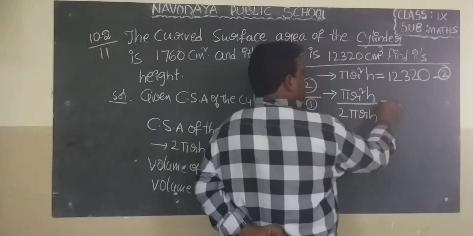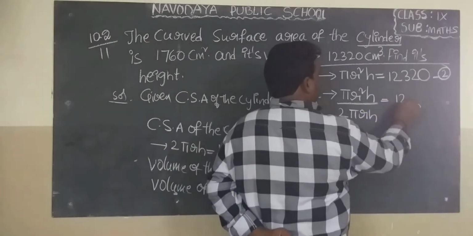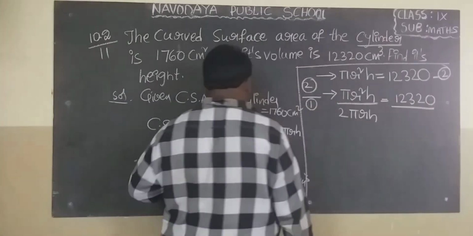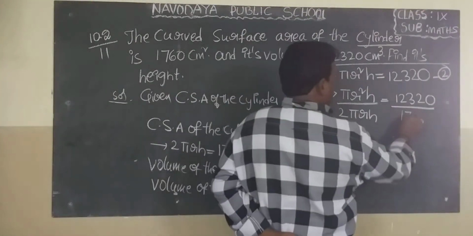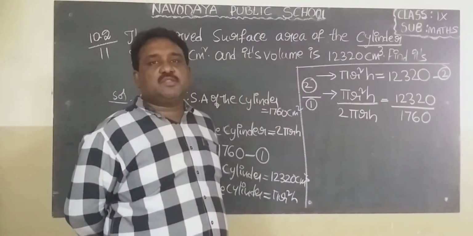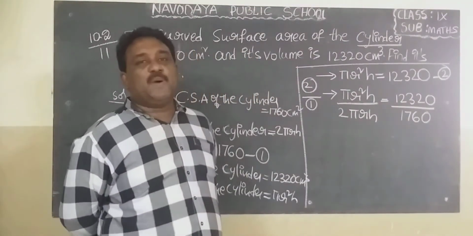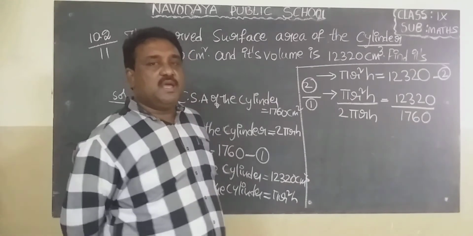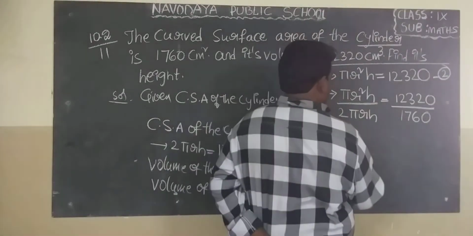What is the right hand side? 12320 by 1760. So pi r square h by 2 pi r h equals 12320 by 1760.